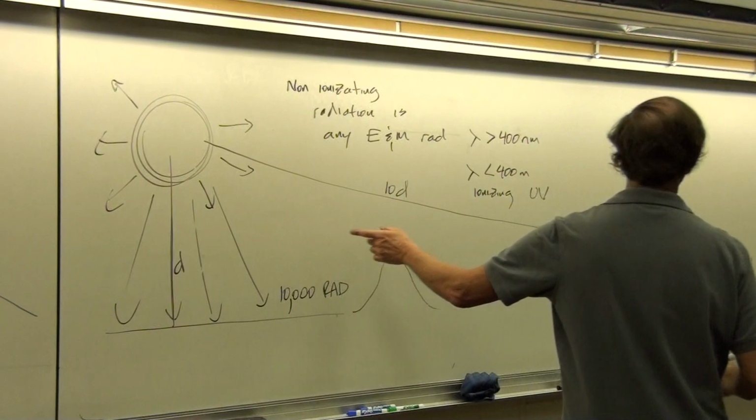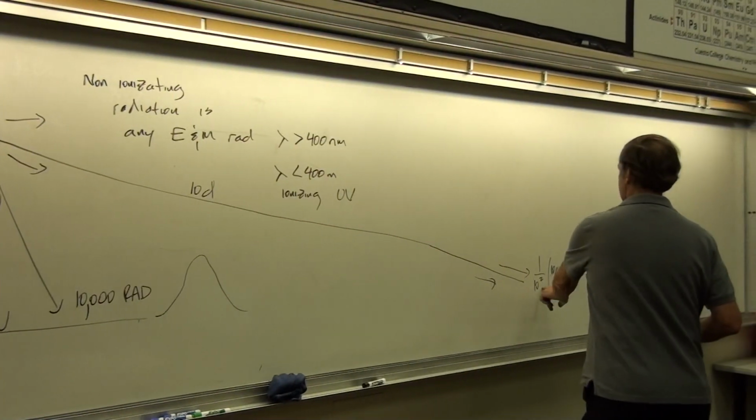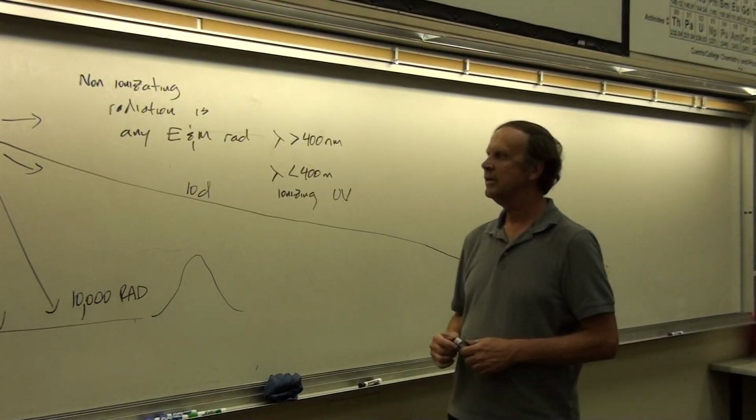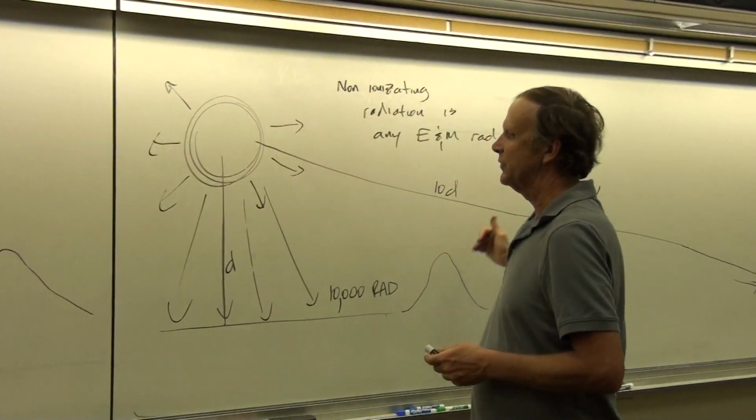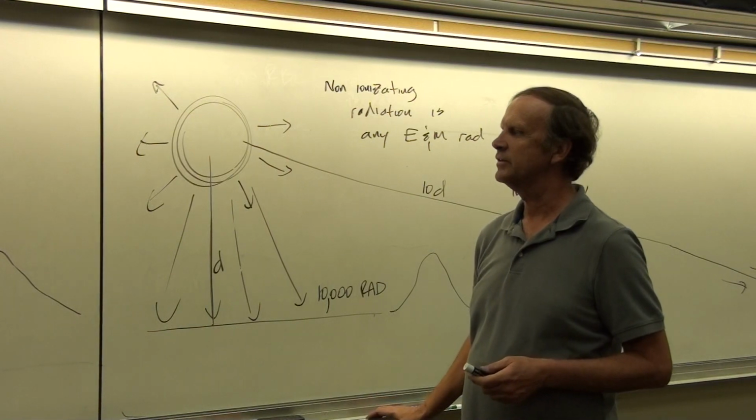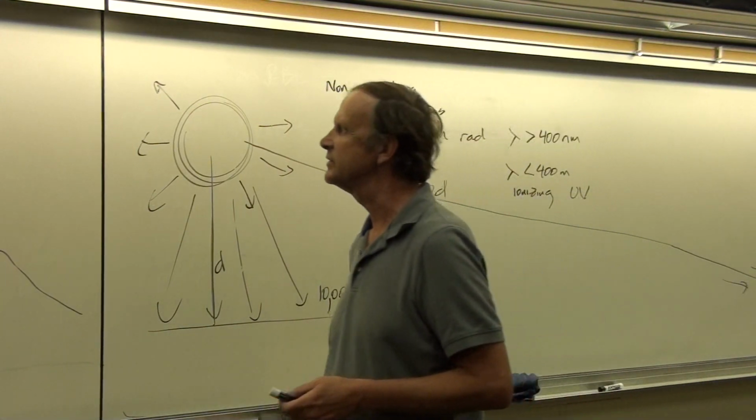Okay, so it's very important then that we are clear as to how a spherically symmetric source of radiation damps off or decreases with distance.